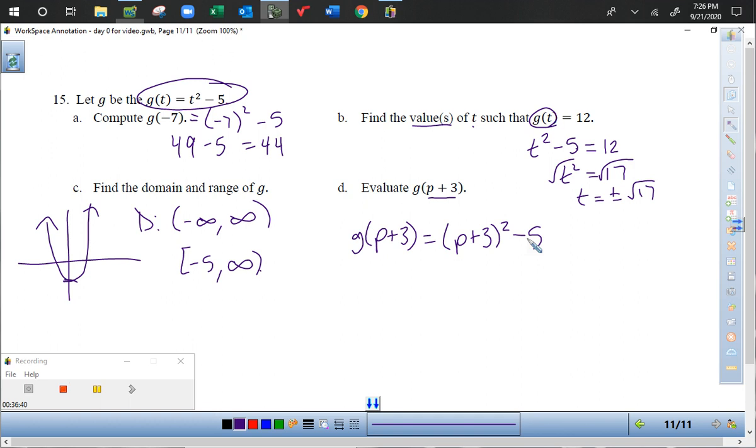Now, you could, in theory, square this by taking p plus 3 times p plus 3 to FOIL, but I actually like this version better. Because of those transformations of graphs, we could graph that more easily if we were trying to do that. So just leave it like that for me. You don't have to simplify that by expanding it out. If you have any questions, please feel free to come see me, okay?